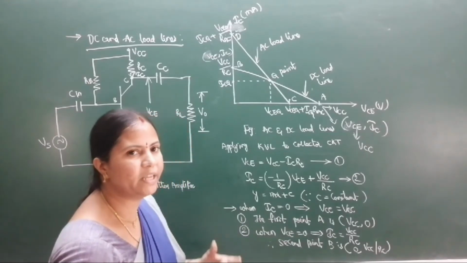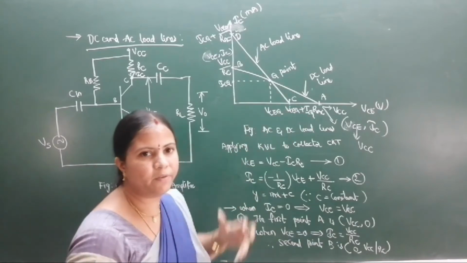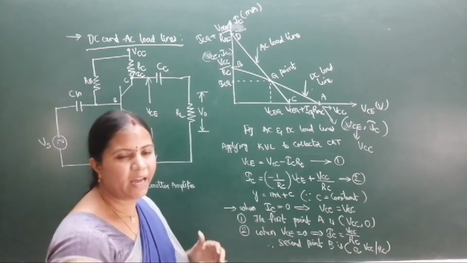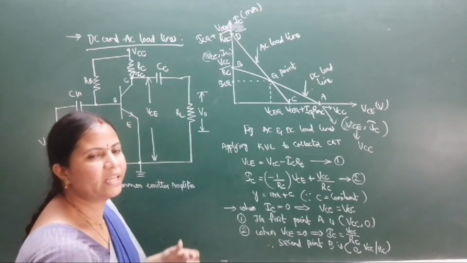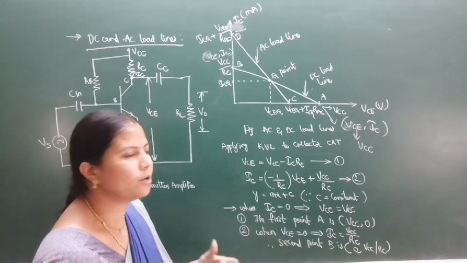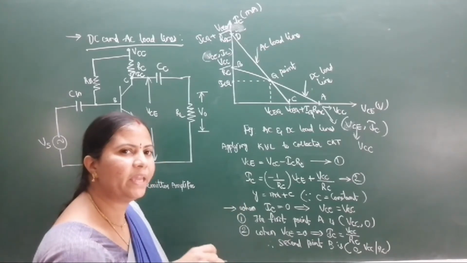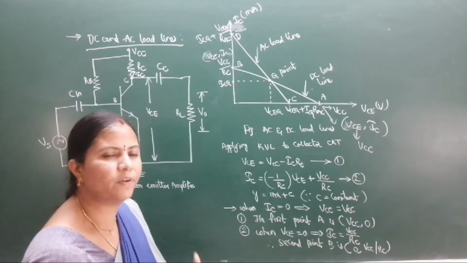So what is actually the DC load line? It is the line drawn between collector to emitter voltage and collector current when you are not applying any input signal, that is, in the absence of signal. When you are applying an input signal, you will get the AC load line. Those are the conditions for the AC load line.